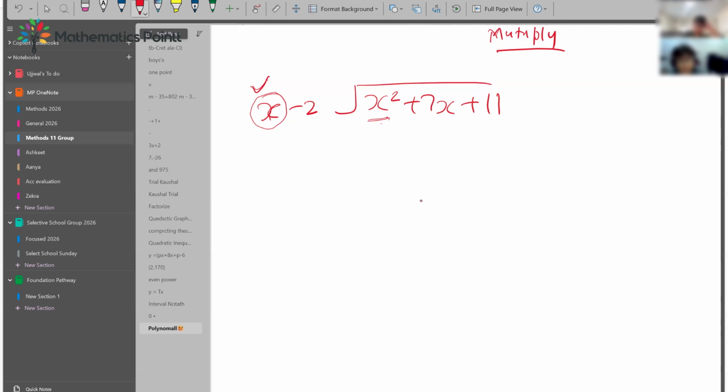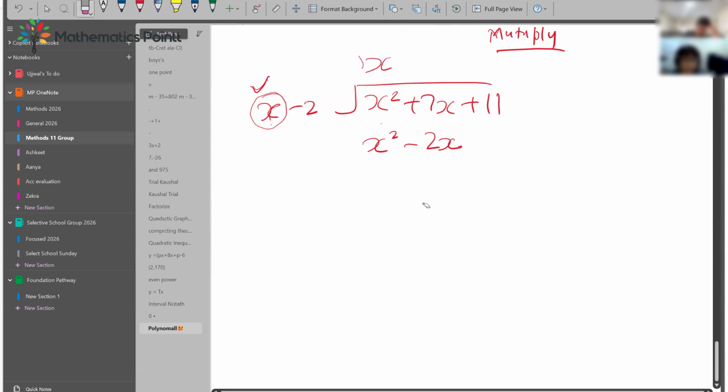Can you tell me what should I multiply x with to make it x square? X, right? Write x. Now, x times x is x square. And then minus 2 times x is minus 2x. First step done.